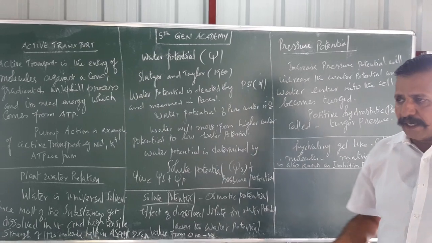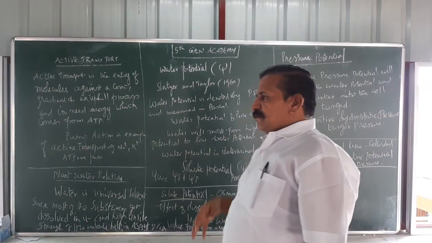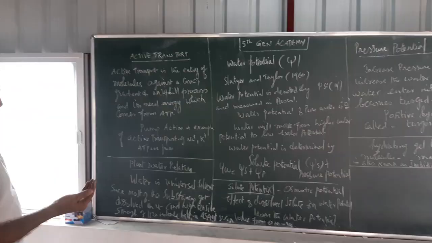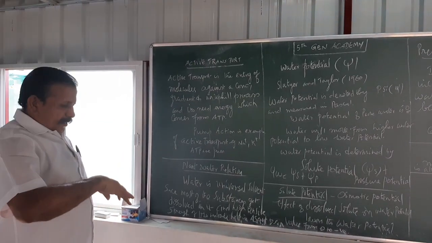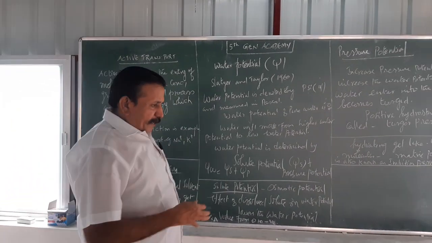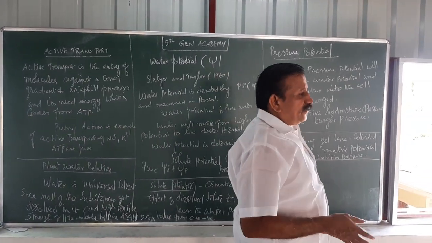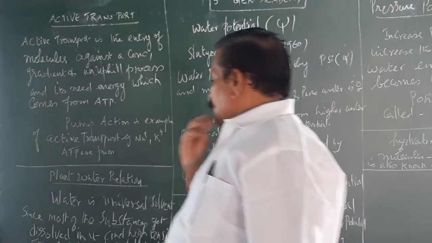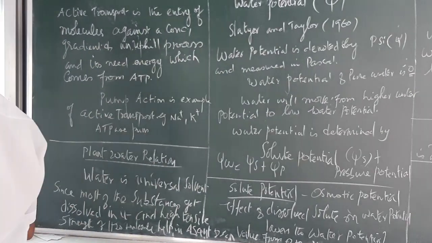Sugar, salt, potassium, iron, everything can be made a solute with water as the solvent. So what is the universal solvent?